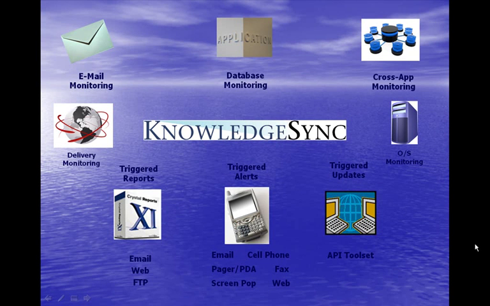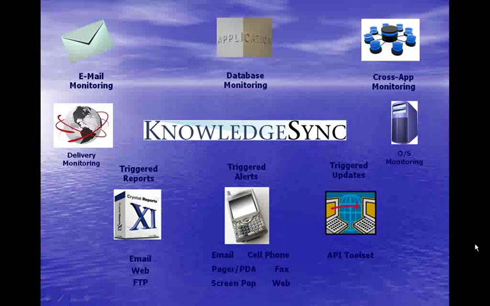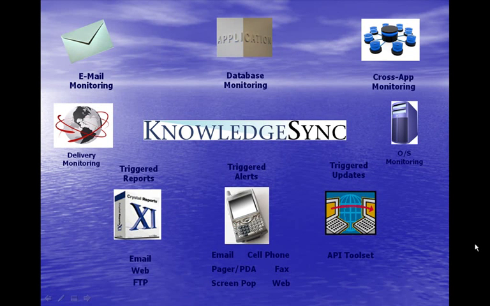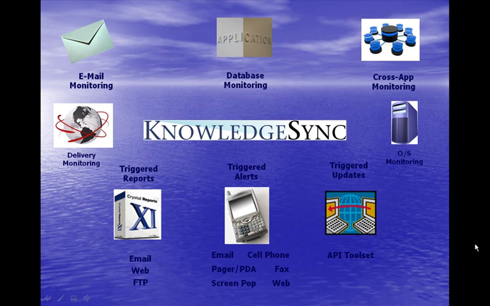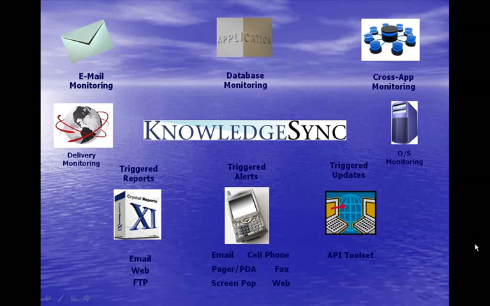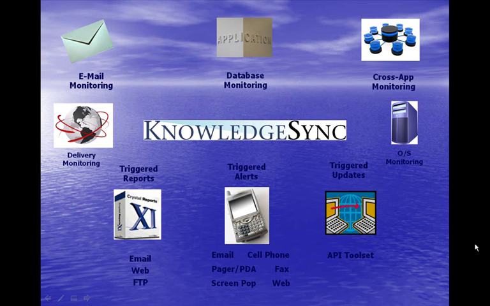The final module within KNOWLEDGESYNC is our workflow, or as we like to call it, the triggered update module. This is the ability for KNOWLEDGESYNC to take information from a triggered event and use that information to add or update records within the business applications that your organization relies on.